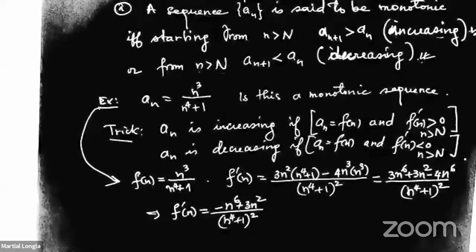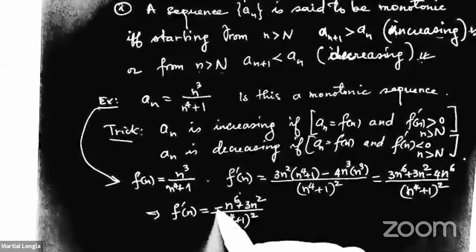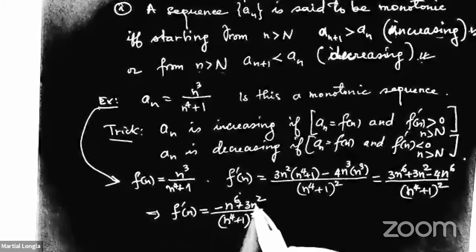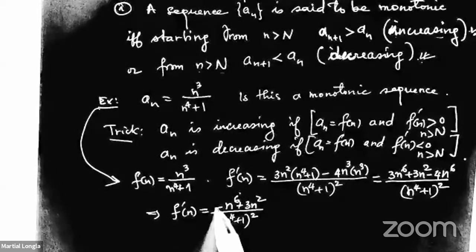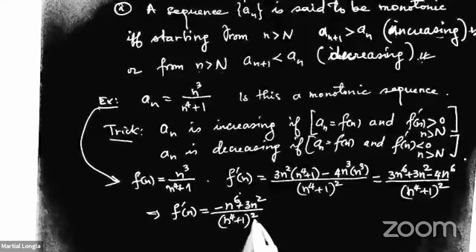Now, when you have this f prime of n, you can see that n to the 6 is the dominant term for the numerator. n to the 6 is a lot larger than 3n squared. And the sign here is negative, so this thing is going to be negative. The bottom is always positive.